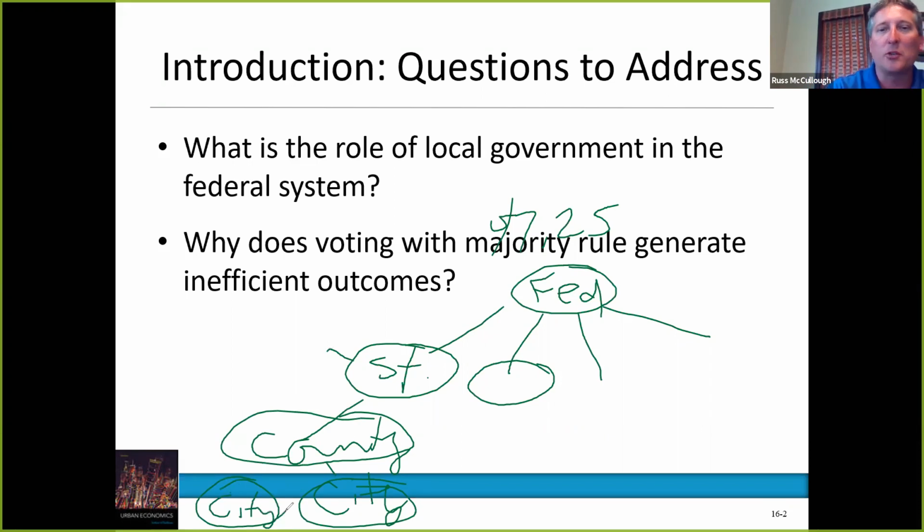And so as you move down the line, we have more customized rules at the city level that can help better serve maybe the unique circumstances that are going on in your city.